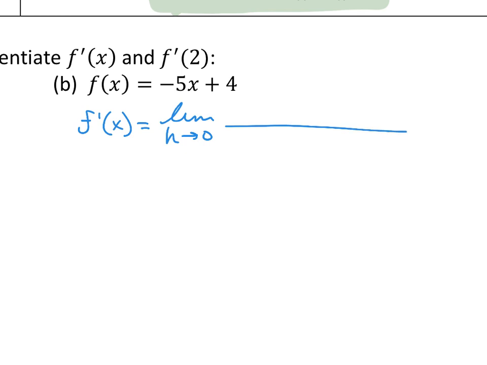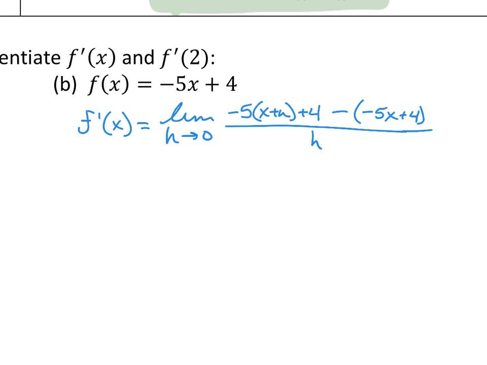First, plug in x plus h. So we have minus 5 times x plus h plus 4 minus the regular equation written down again, negative 5x plus 4, all over h. So again, this first part right here is just the regular equation, except that I'm plugging into x the expression x plus h.